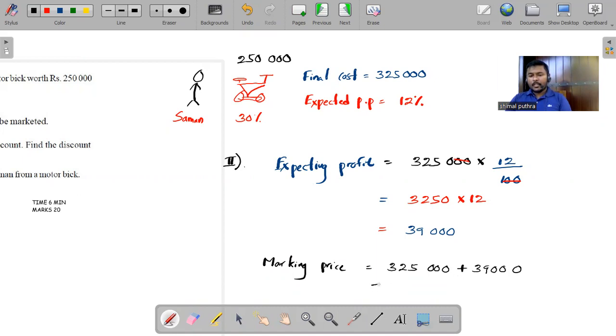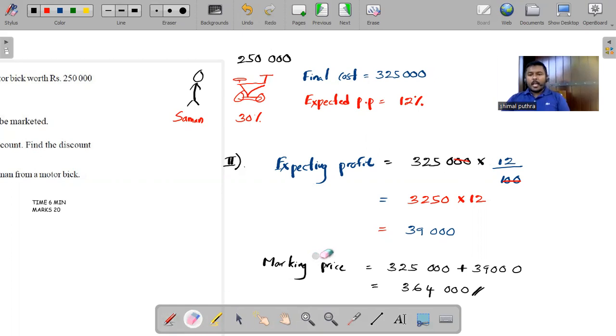So you have to add this together. So this should be equal to 3,64,000. This should be the marking price. I told you if you want to find this answer within 1 step, you can just put 1 in here. I explained in the previous video.